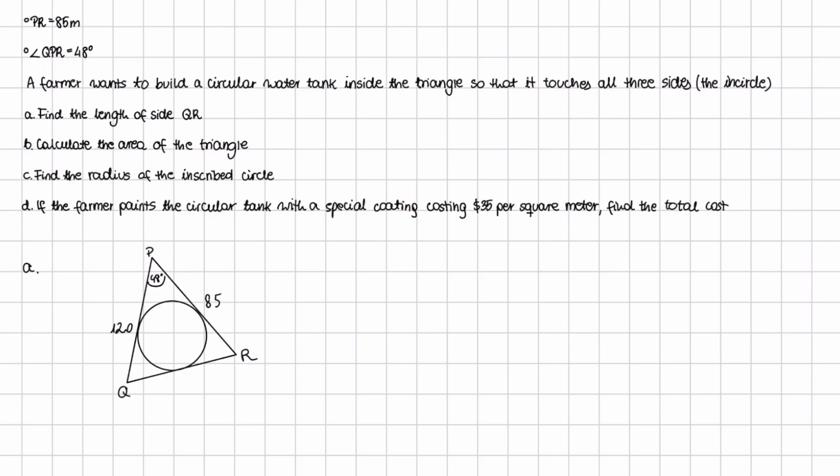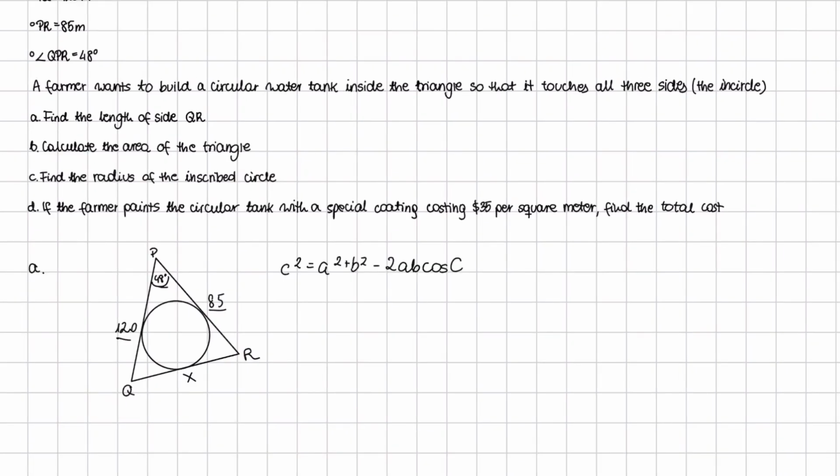You can observe that we have this side, this side, and the angle between them. So we can use the cosine rule. Let's rewrite this cosine rule. It looks like this, and now we can substitute our values.